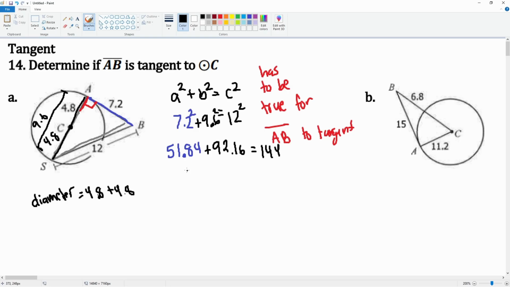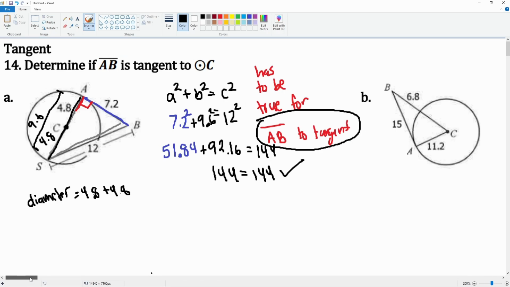Let's see if that works. 51.84 plus 92.16, yep, that does get you 144. Since this is true, AB is the tangent. Therefore, we can conclude the line AB is a tangent.